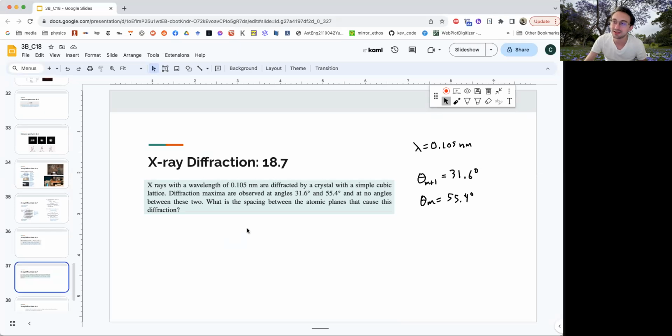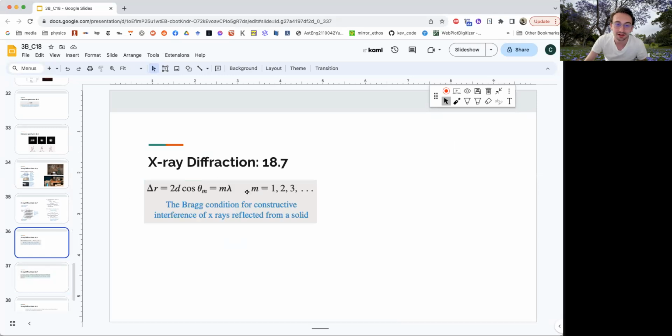And so then you have to ask yourself, how do I order them? Which one is the m and which one is the m plus 1? We can go back to our formula, and we see we have a cosine here. If we have a bigger m, so the right side is bigger, then we need the left side to be bigger as well. But for cosine to be bigger, the angle needs to be closer to 0.